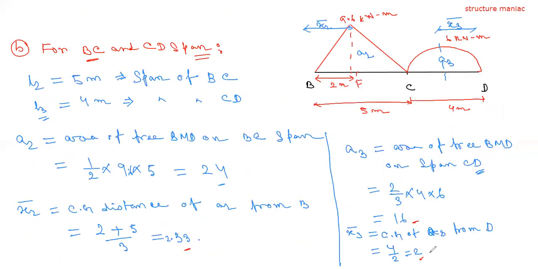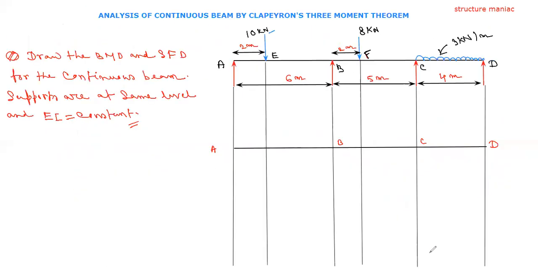Now let's go to the initial slide here. At first we drew the free bending moment diagram. We calculated the free bending moments considering each span simply supported. So now draw the free bending moment diagram here as well. Here we got the value 12 kilonewton meter, somewhere here 12.